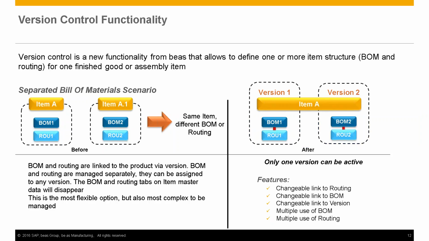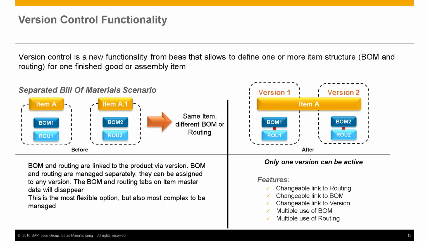The third scenario, which is more complex but most flexible, is like the standard scenario, where you have the same item, only that the bill of material is changing and the routing probably is changing too.